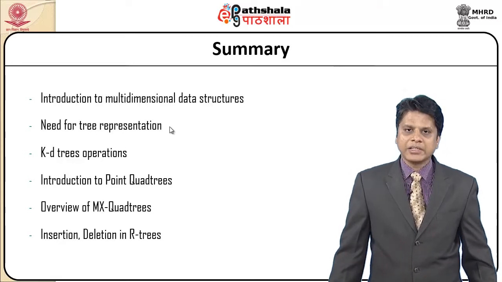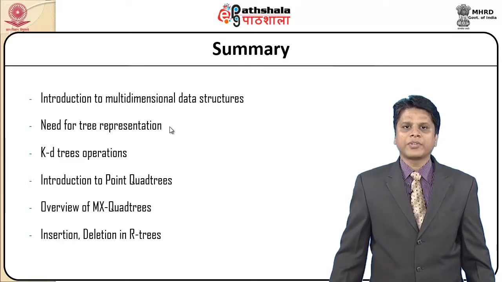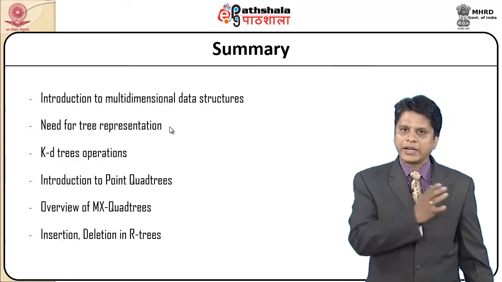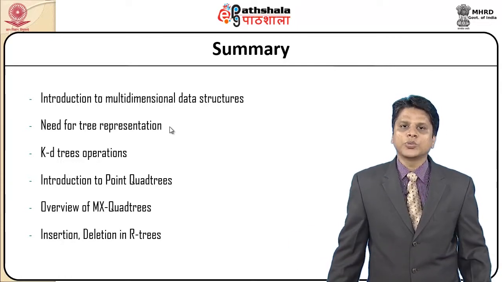In that specific case, point quadtrees divide into vertical and horizontal cross sections by the directions northwest, northeast, southwest and southeast.